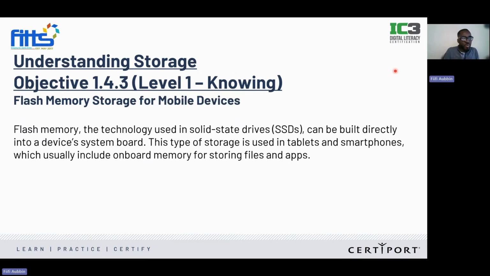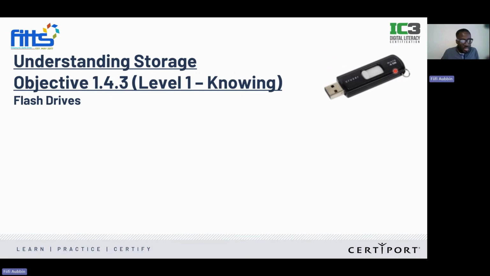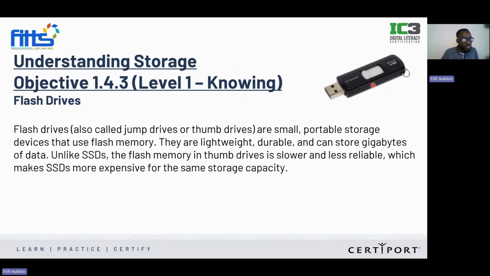Then flash memory, which is the technology used in solid state drives, can be built directly into devices' system board. This type of storage is used in tablets and smartphones, which usually include onboard memory for storing files and apps. So you just need to understand that. Then flash drives, also called jump drives or thumb drives, are small portable storage devices that use flash memory.